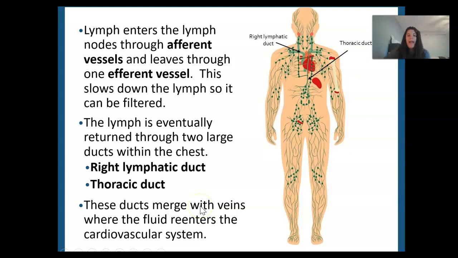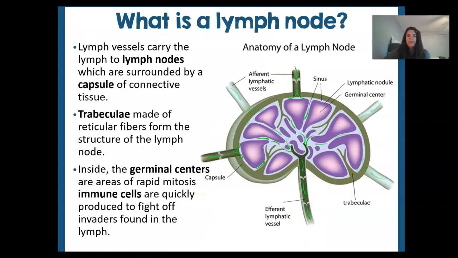So again, if you go back to this diagram here, just because I think it's a good one, you can draw your arrows in if you want to, but so we would have capillaries up here. Again, they would branch and merge together to form these lymphatic vessels. These are the afferent lymphatic vessels. So the lymph will end up coming into here.